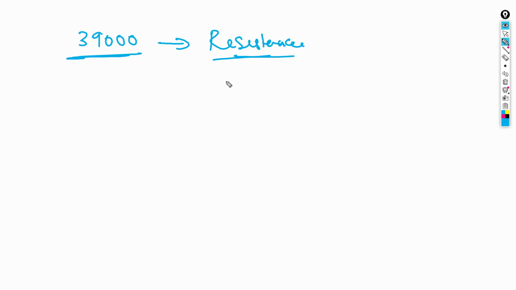Psychological resistance was market will likely not go above 39,000. But now the market has crossed 39,000. When the market crosses 39,000, what is your expectation? The markets will go up, right? So the markets will definitely go up because the market has crossed the important resistance zone and important psychological level.